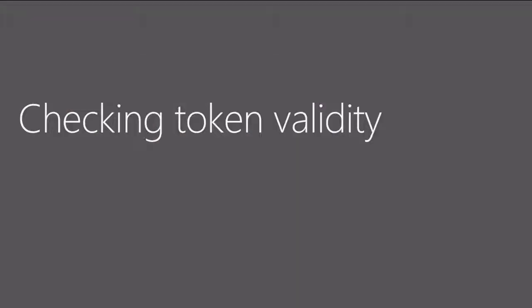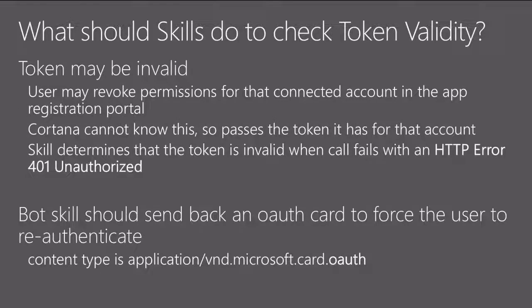There is one other thing though about the token that you need to put a little bit of code in your bot about, and that is you cannot assume that token is valid. Think about a scenario where the user has registered, has signed in, and Cortana has got your access token. They then might decide that actually they don't want to access that connected service anymore. So they'll go to the website of the skill associated service, and they might deregister themselves.